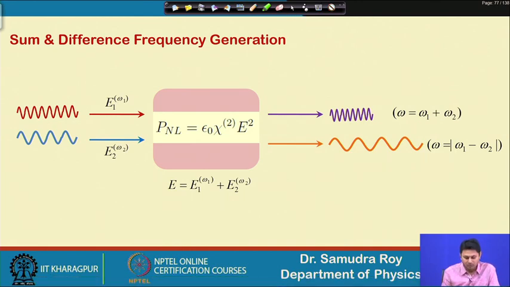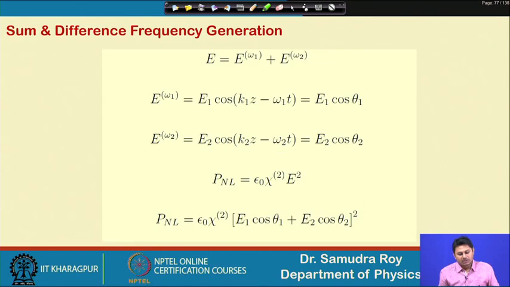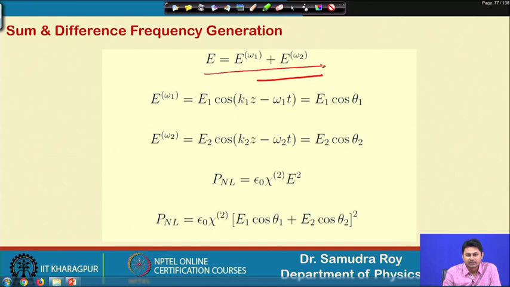Okay. So, now go back to the mathematics, which is again quite straightforward, and we have already done these things in our previous classes. As I mentioned, the total electric field is E omega 1 plus E omega 2. E omega 1 is nothing but the field with frequency component omega 1.